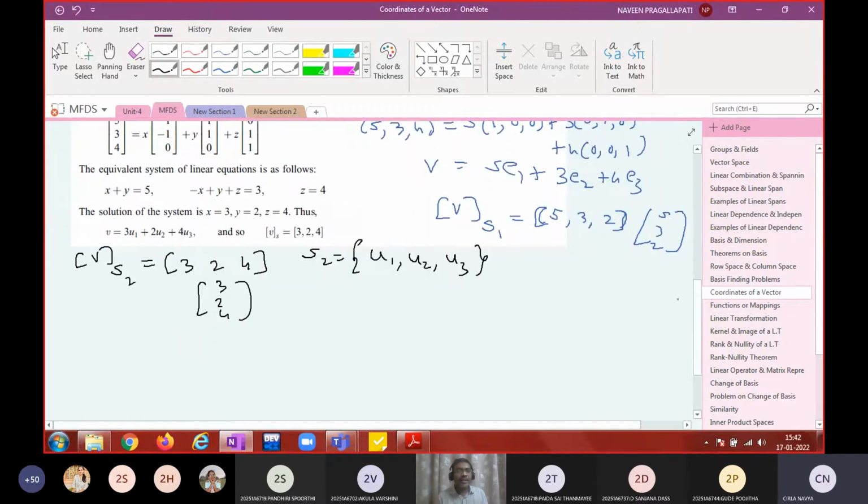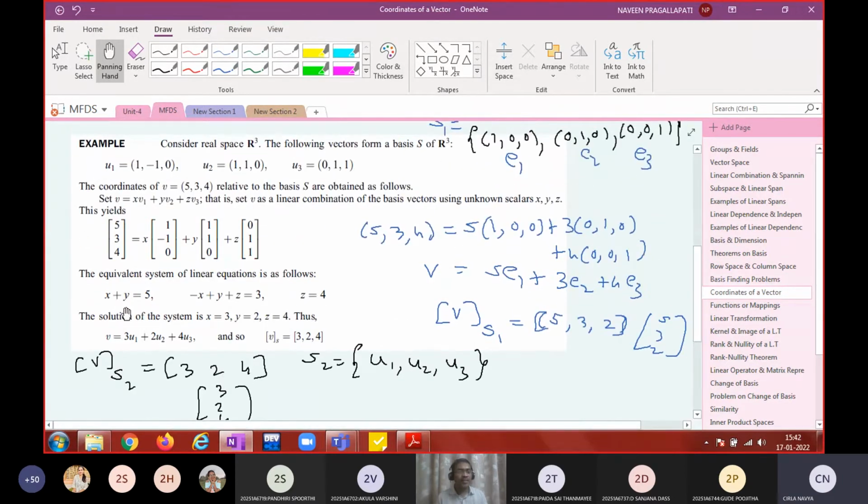So that means your coordinate vector will change when you change the basis. With respect to one basis, we have one coordinate vector. If you change the basis, you will get another coordinate vector. Is this clear to all of you? Do you understand how to find out a coordinate vector relative to a given basis?